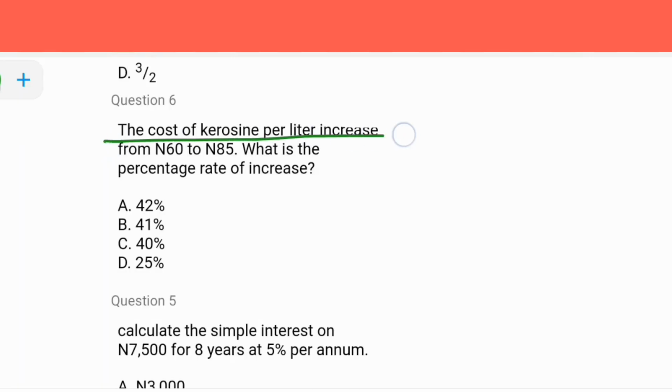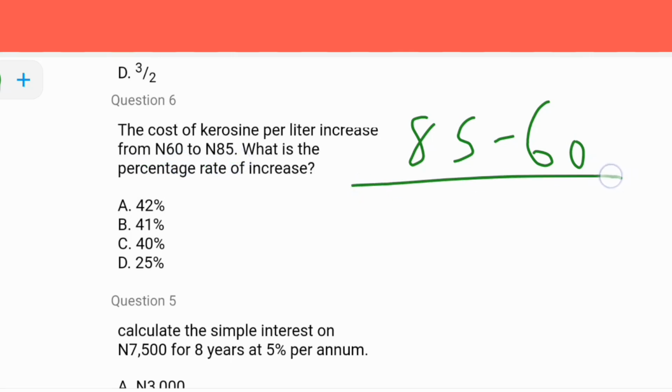Next one, the cost of kerosene per liter increases from 60 to 85. You have to find the percentage rate of increase. So we need to check the increase first. That will be 85 minus 60, the increase from 60 to 85. Then you divide it by the initial value. What was it before it increased to 85? It was 60.